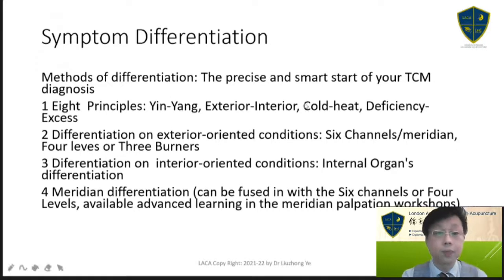Okay, so for system differentiation, we normally have different methods. But to me, everything starts from the Eight Principles. The Eight Principles means yin and yang. We have four pairs of terms: yin and yang as one pair, exterior and interior, cold and heat, and deficiency and excess.